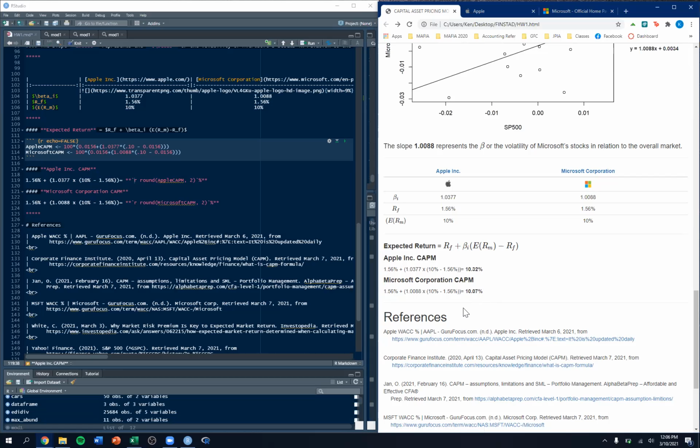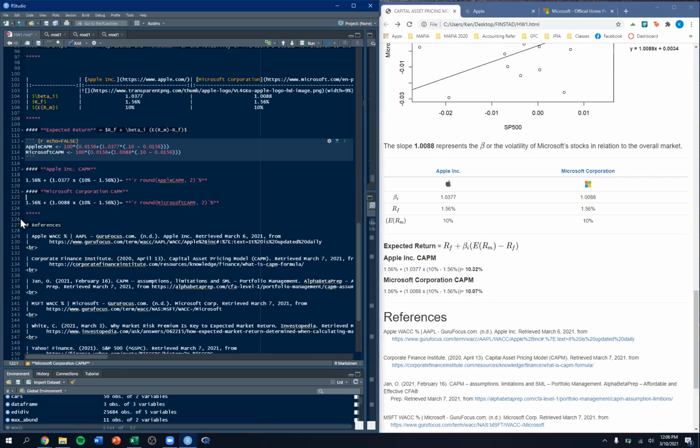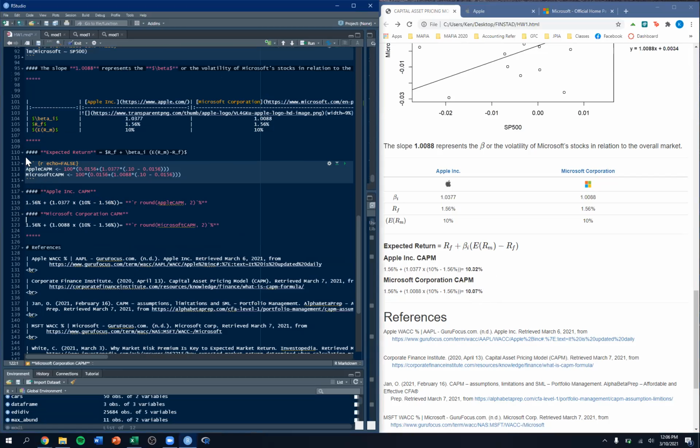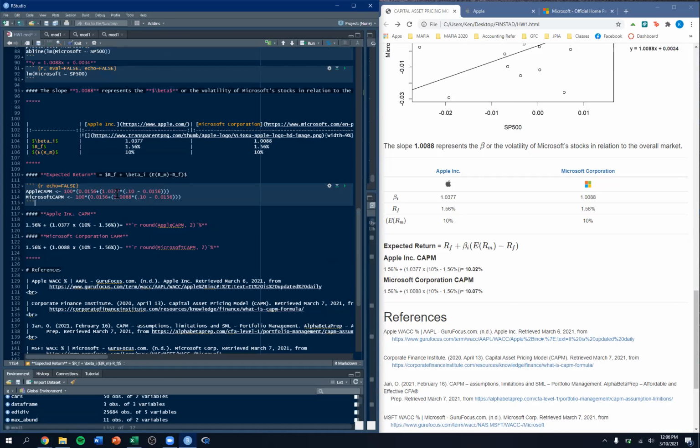Okay? Now, another comment on your code, Ken, here at lines 112 and 113. Do you think it would have been better, instead of typing the absolute numbers, to just use names? For example, that 0.0156. What is that 0.0156? Oh, it's this one, sir. It's the RF. Oh, RF.